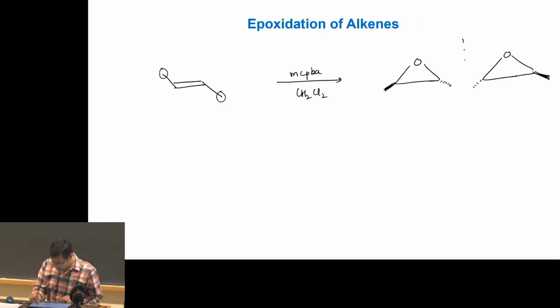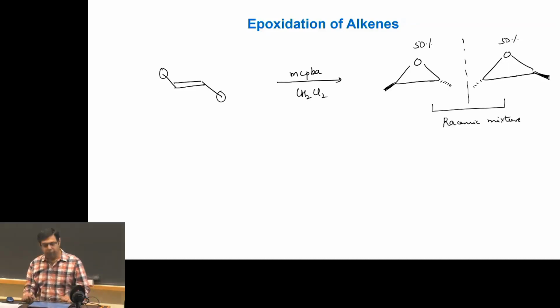And as you can see, these are mirror images. They both are chiral. You'll get 50% of each, which means you will get a racemic mixture. Right.